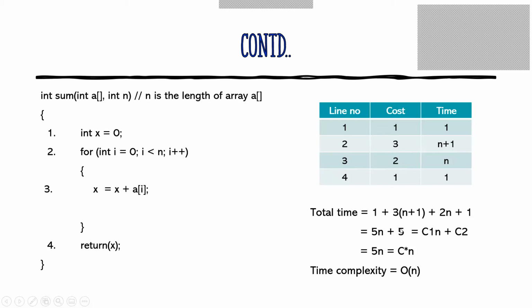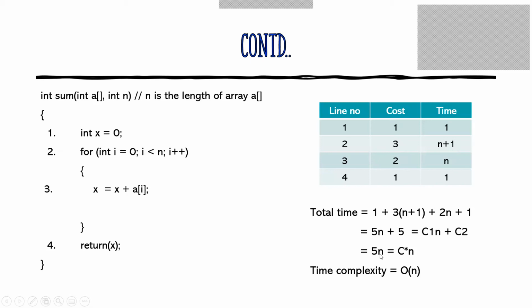Now for the third statement, what's happening? It's one addition operation, then assigning to x again. So there are a total of two operations happening: addition and assignment. So the cost for this line number 3 is 2. And how many times will this statement run?